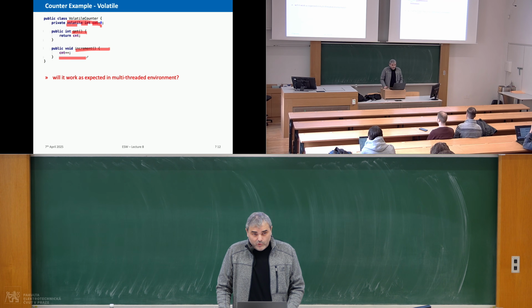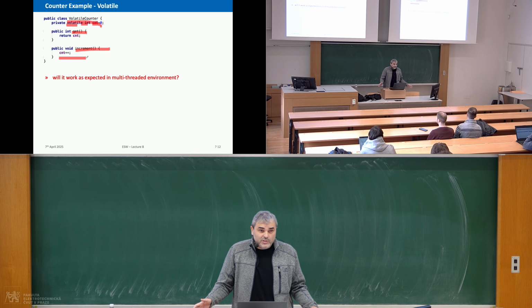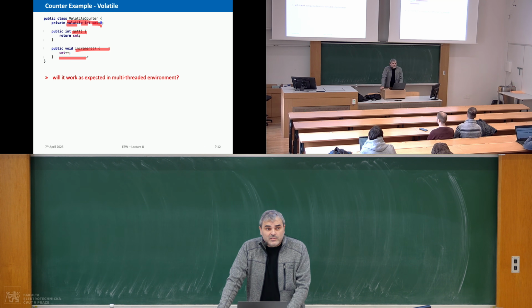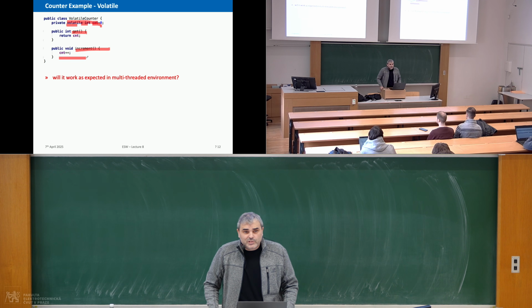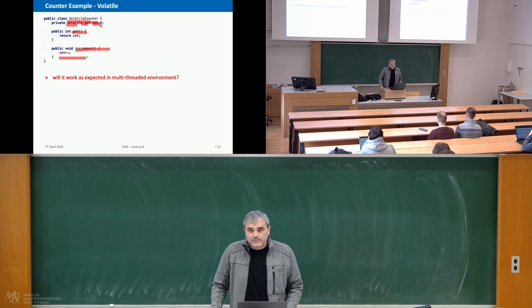Will this work like a real counter in a multi-threaded environment? What do you think? We have the volatile keyword there, so with two threads calling increment on the same instance of the object, is it going to work properly and not miss anything?